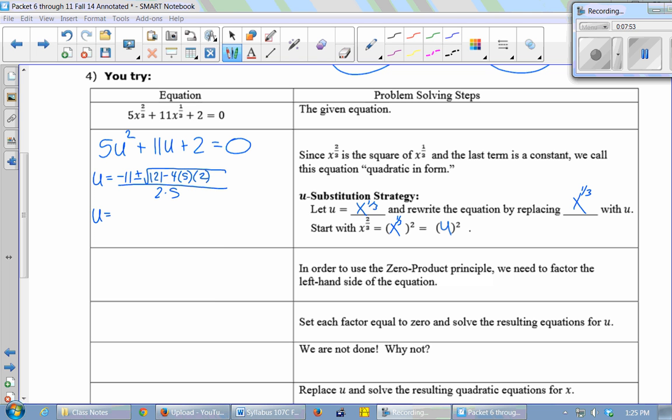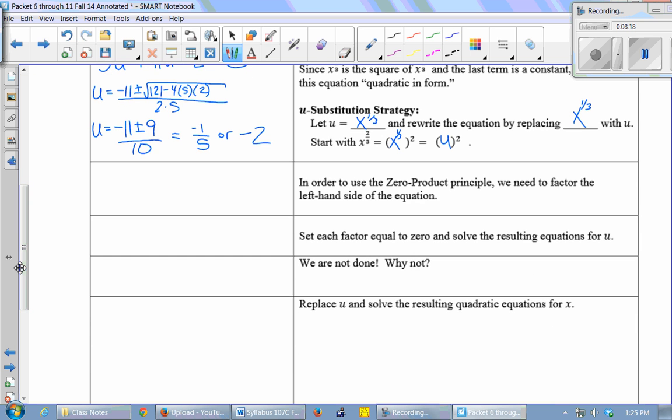So this becomes negative 11 plus or minus 9 over 10. Okay, so negative 11 plus 9 is negative 2 over 10 is negative 1/5. And negative 11 minus 9 is negative 20 over 10 is negative 2. So those are my two values for u. Okay, so I've got u equals negative 1/5, u equals negative 2.